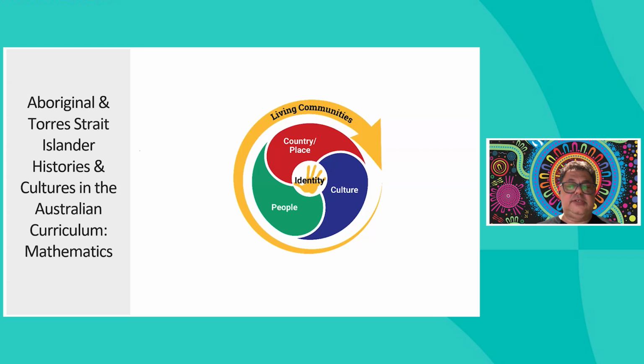But if you have Aboriginal kids in your classroom, it's hopefully going to support their identity as an Aboriginal person as well. That's one thing you must also keep in the back of your mind when you're teaching this: supporting the identity of the student is what I'm really trying to say.